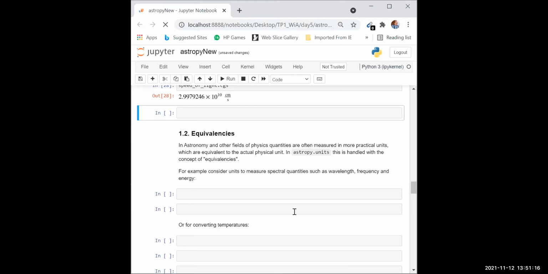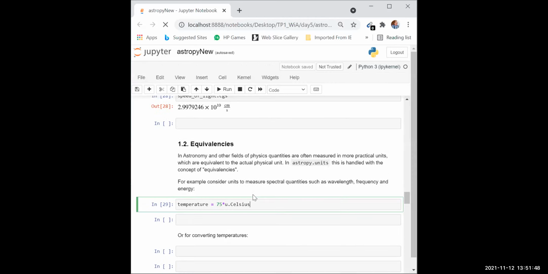So suppose we want to convert, say we have temperature, which is say 75 degrees, in units of Celsius, right? I have temperature in Celsius.